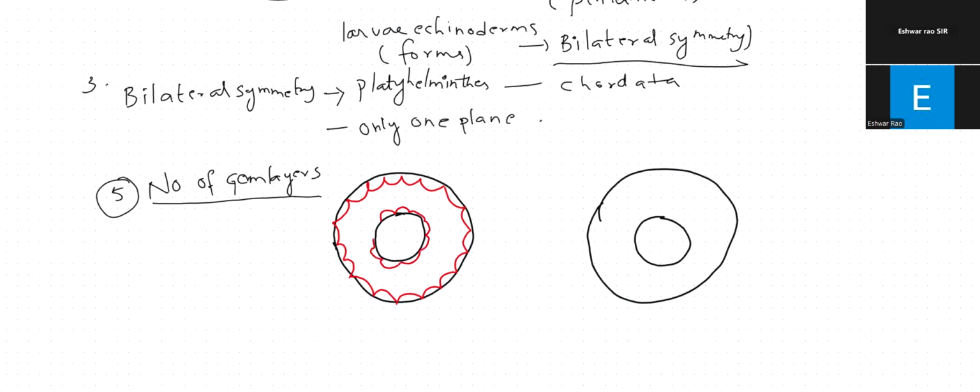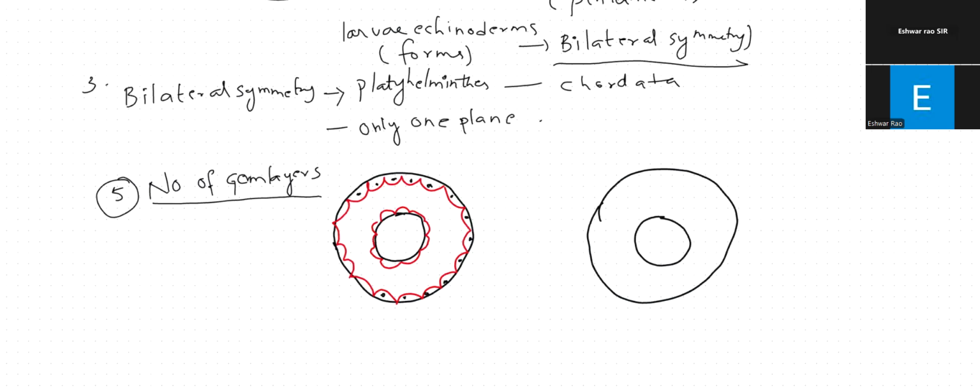So what are we talking about? We are talking about the number of germ layers. So here two germ layers are present: outer ectoderm, inner endoderm. Ectoderm is lined by ectodermal cells. Endoderm is lined by endodermal cells like these.